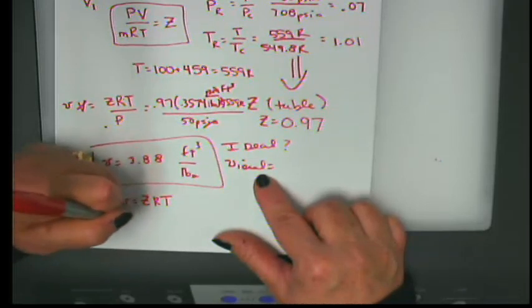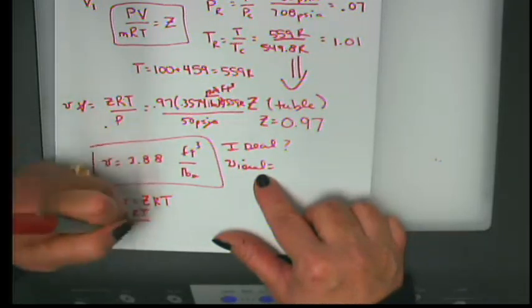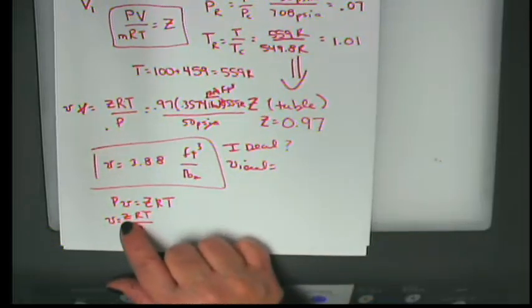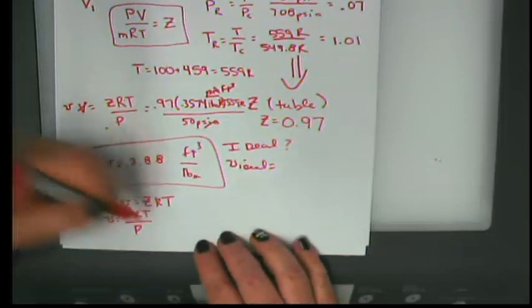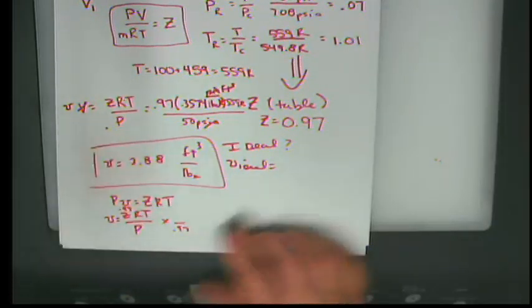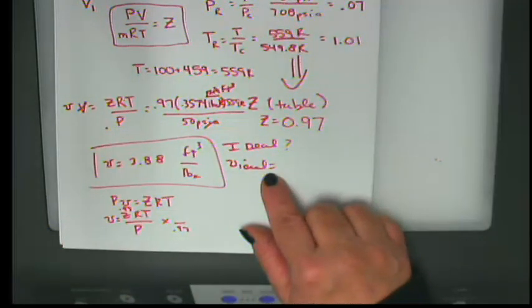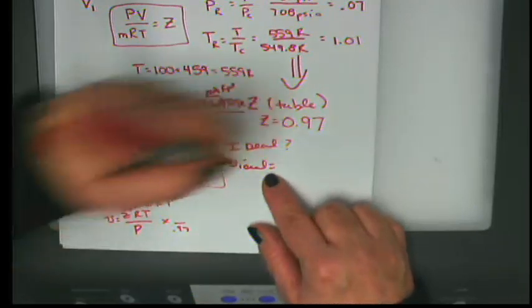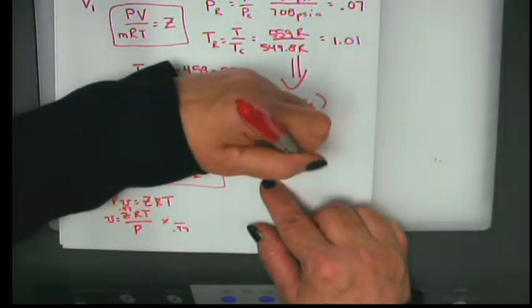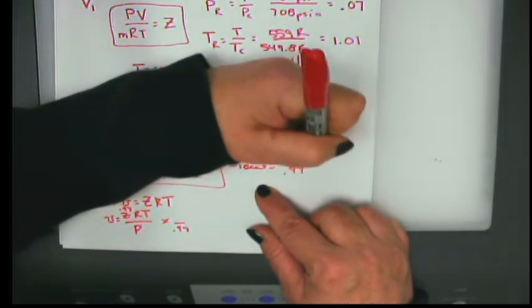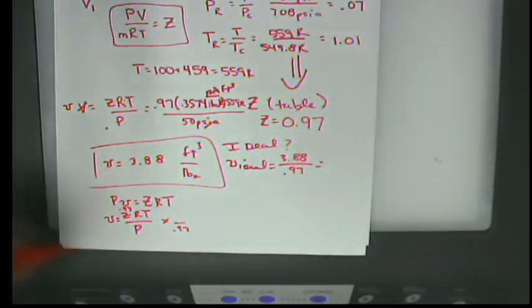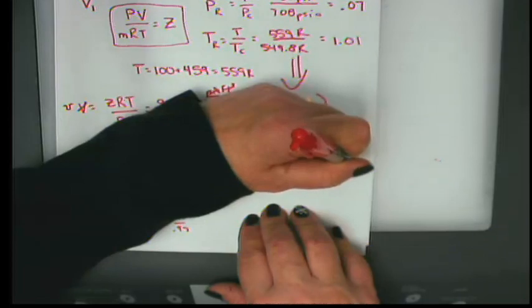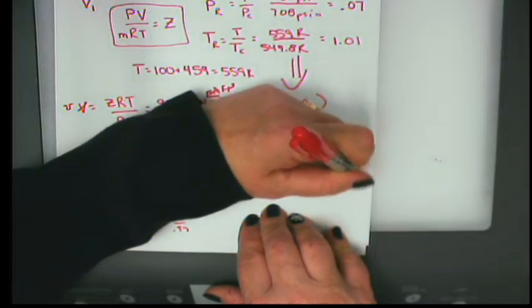V is equal to Z RT over P. So this value would be 0.97. To get rid of the 0.97, if we divide by 0.97, we would find what our ideal V would be. So our V ideal would be 3.88 divided by 0.97, which would give us a value of 3.99 cubic feet per pound of mass.